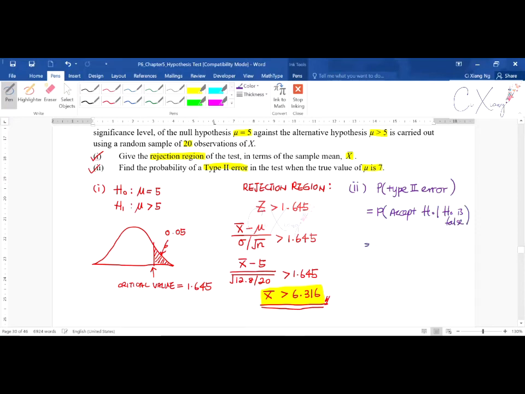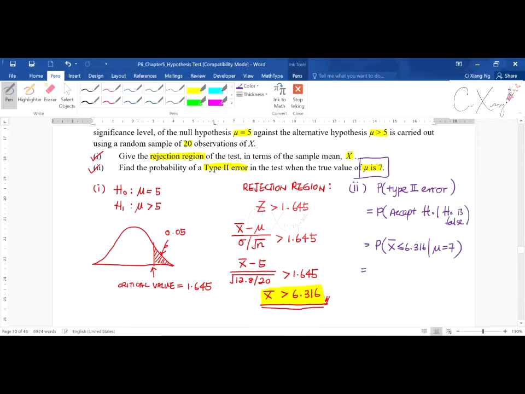When you accept the null hypothesis, it means that you need to be in the acceptance region. This is the rejection region. Therefore, the acceptance region will be sample mean smaller than or equal to 6.316, with the opposite sign. Rejection is more than, therefore the acceptance region will be smaller than or equal to. Then when the null hypothesis is false, that means they will give you a correct value of mu, which is 7.